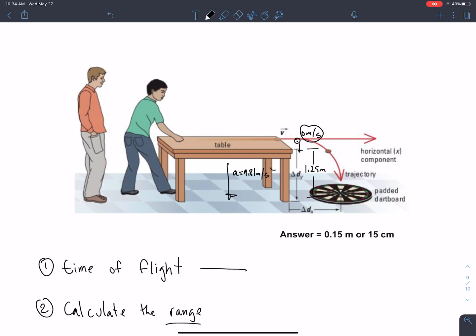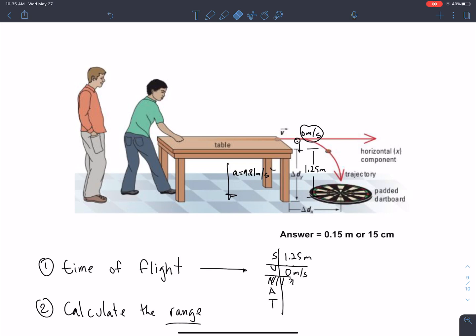So for the time of flight, I'm going to create a SUVAT table. 1.25 meters is the height of the table. My initial velocity is 0 meters per second. My final velocity, we don't know, but that's not what we're trying to find. We're trying to find the time of flight.